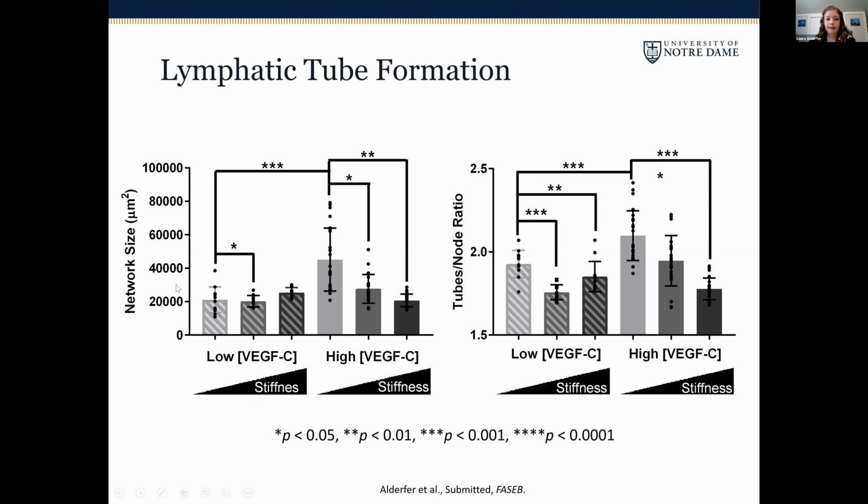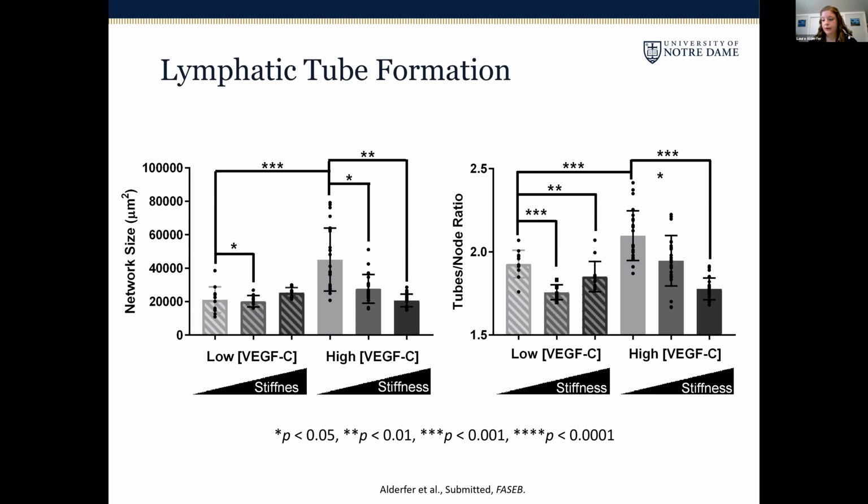When we look at the network size, which would be the area of the lumen, we see that as the substrate is softer, we have larger lumens forming. And additionally, as we introduce more VEGF-C, we can also have larger networks forming. So both the biochemical and mechanical cues are having a governing effect on our system.